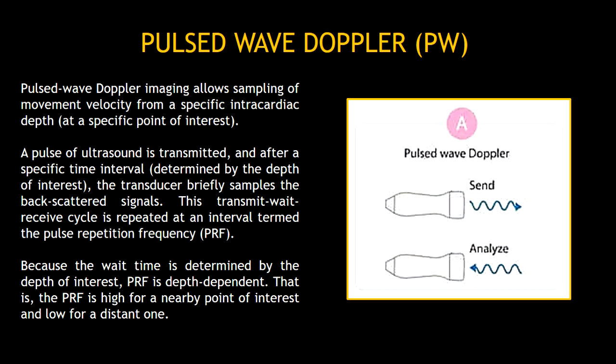Because the wait time is determined by the depth of interest, the pulse repetition frequency is depth dependent. That means the pulse repetition frequency is high for a nearby point of interest and low for a distant one.